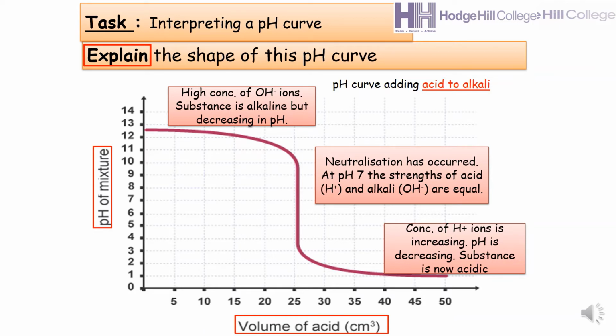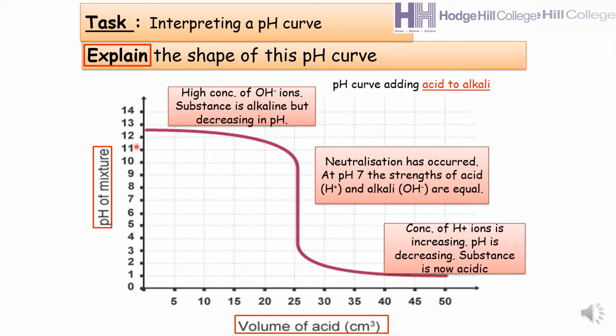Now, there's two types of graphs that you need to know about at this level. The first one we're going to look at is the pH curve adding acid to an alkali. So if you look at this particular bit here, pH curve adding acid to alkali. Now, if this comes up in the exam, you might need to actually draw this.